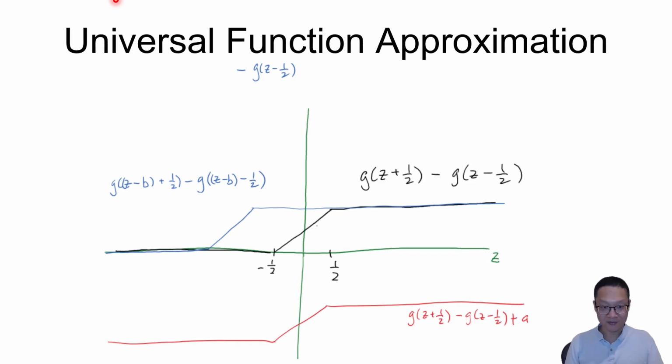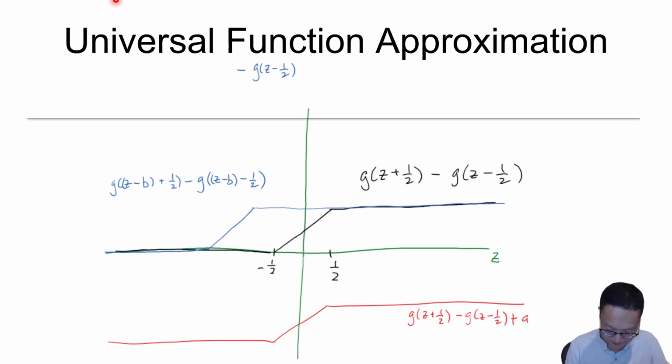The other thing we can do is to replace the z in this function with a constant times z. And that is going to either shrink or stretch the function horizontally. So I'm kind of running out of colors.